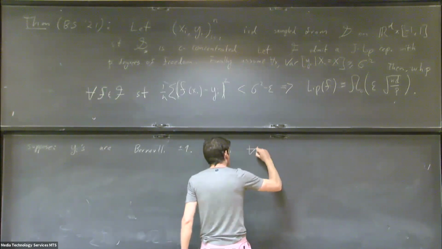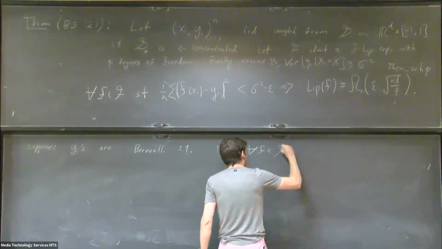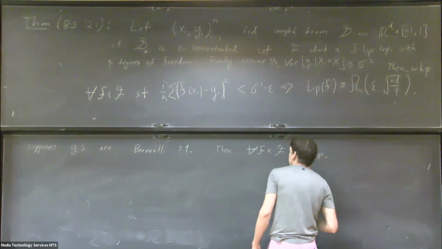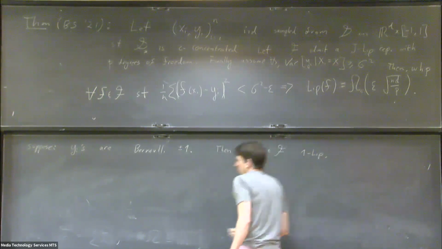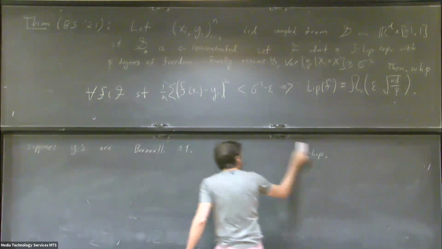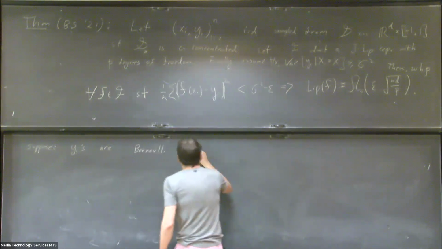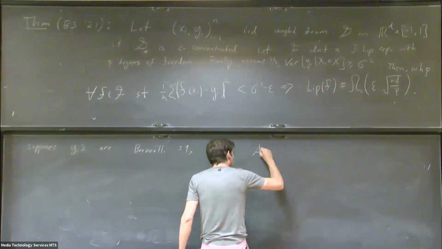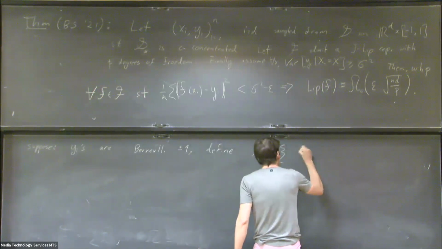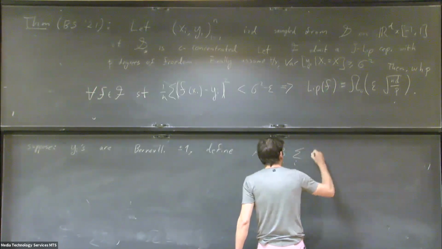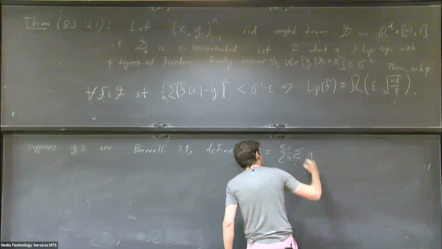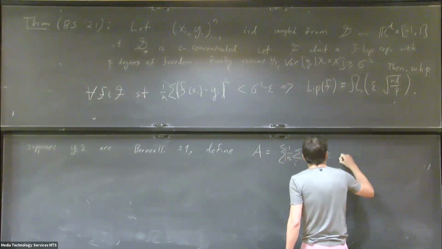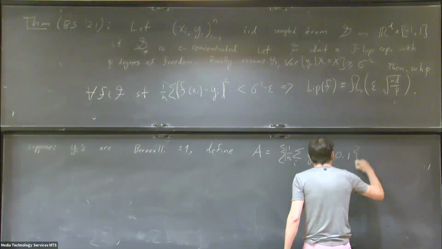Then for any f which is 1-Lipschitz, let's first define the event A to be the event that the average over all i of yi is, say, at most 0.1.